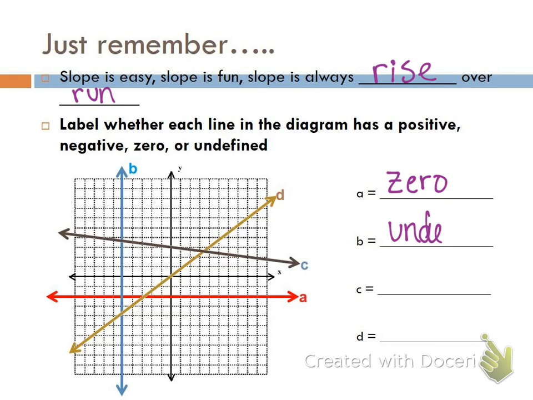Vertical lines have undefined slope. C is a negative slope. If it goes downhill from left to right, it's negative. And line D, positive. If it rises from left to right, it's a positive slope.